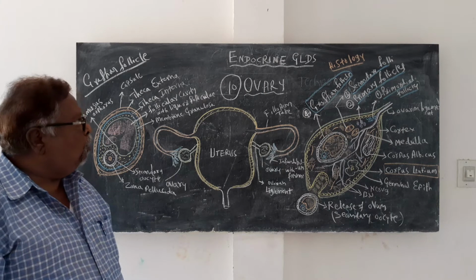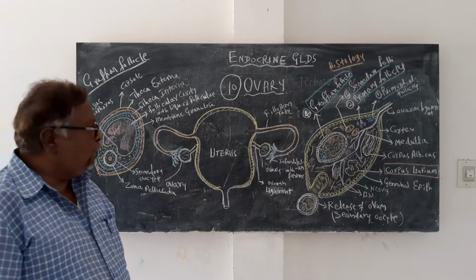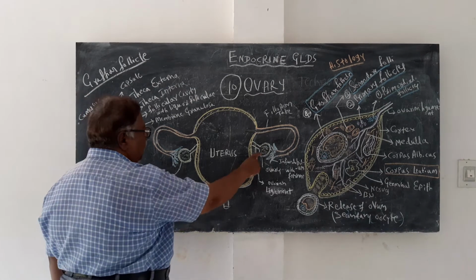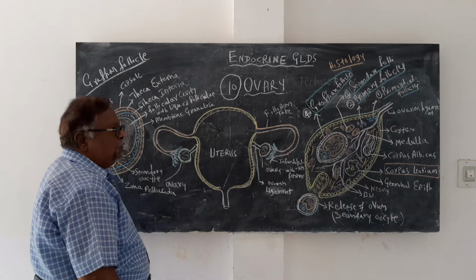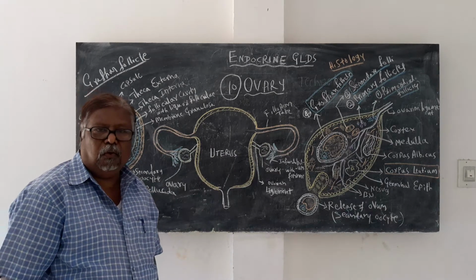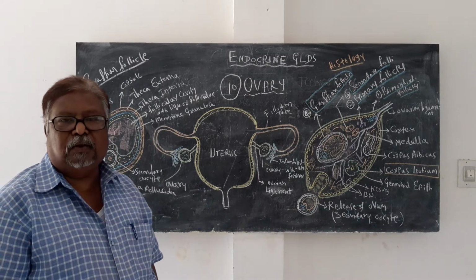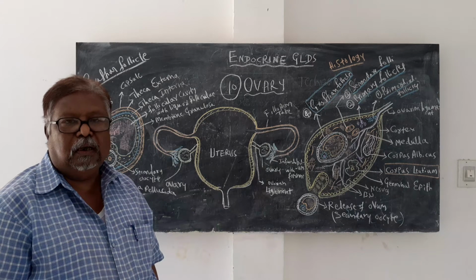So the ovaries are a pair, they are two in number. These are the two ovaries present, and these ovaries produce the ovum primarily, but secondarily they are also the endocrine glands which produce the hormones.